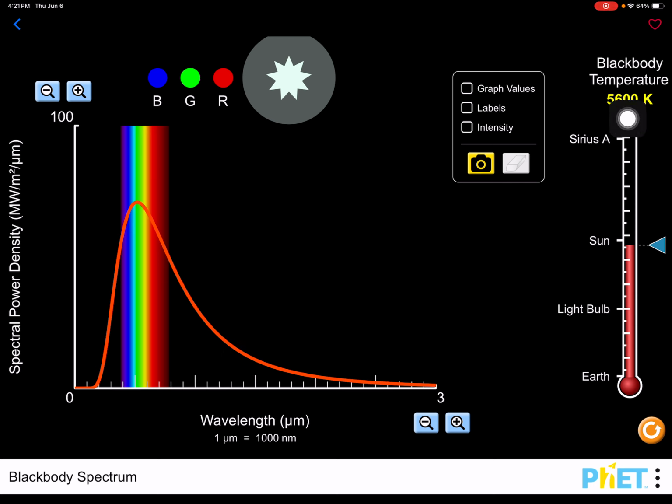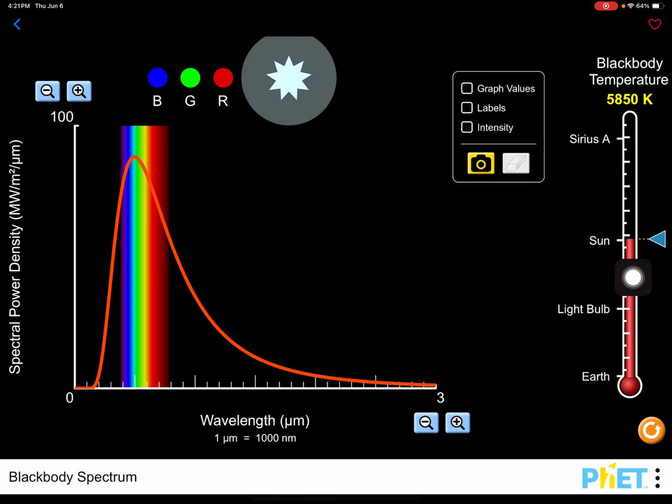To measure the temperature of an object, for instance the surface temperature of the sun, which is roughly 5,900 Kelvin, all you have to do is measure the intensity for this color, this color, this color, this color. For 4 or 5 different colors, you measure the intensity and find the curve that best fits it, and then you have the temperature. So that's how temperatures of all remote objects are measured.